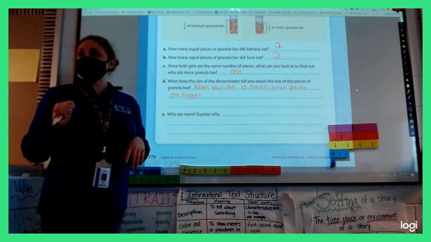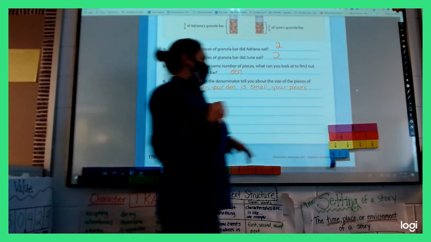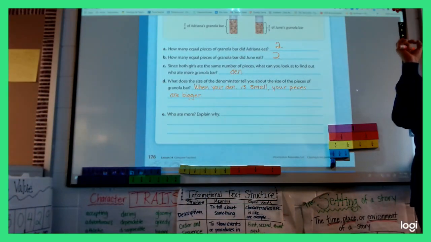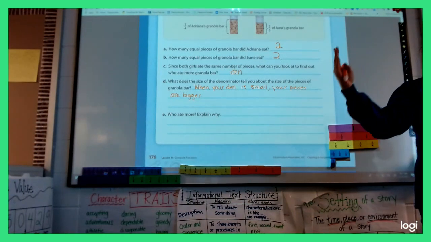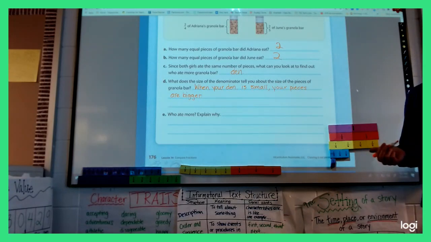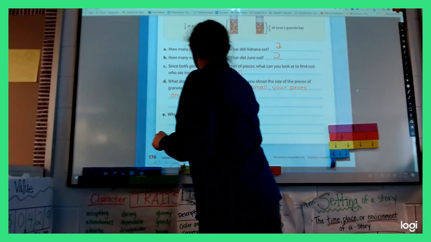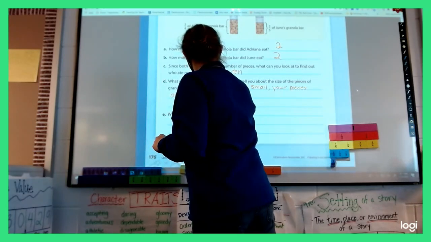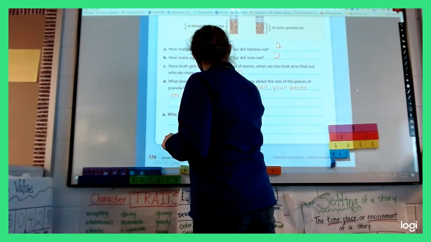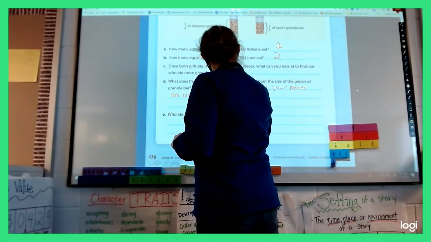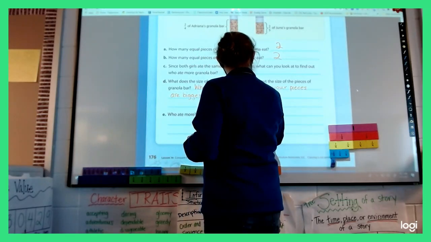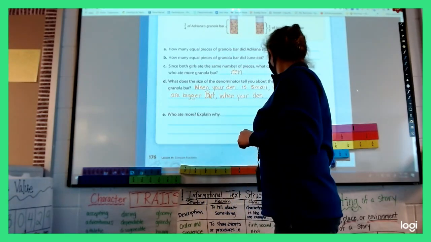So make sure you let that sink into your brain. If you have a small number in your denominator, you don't have very many pieces to make up one whole thing. But when your denominator gets bigger, and we can say DEN again. Den? Yep.